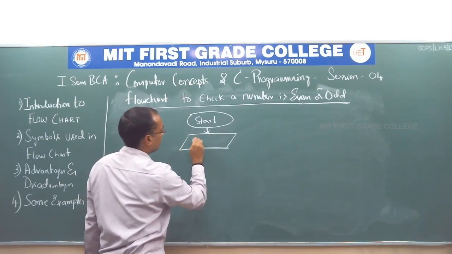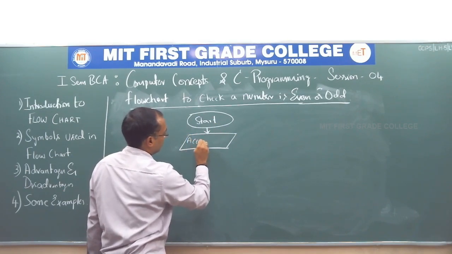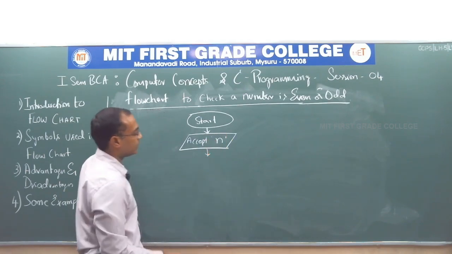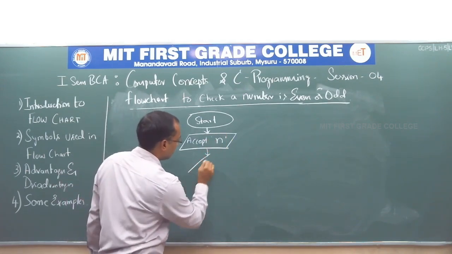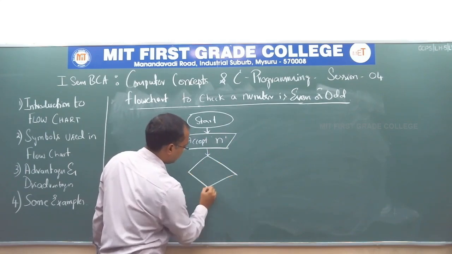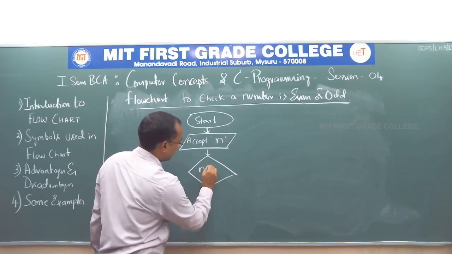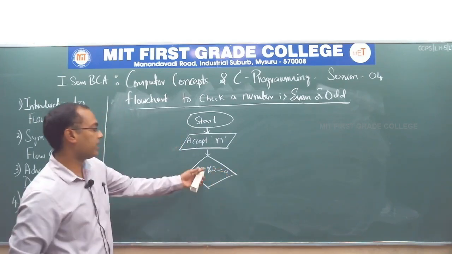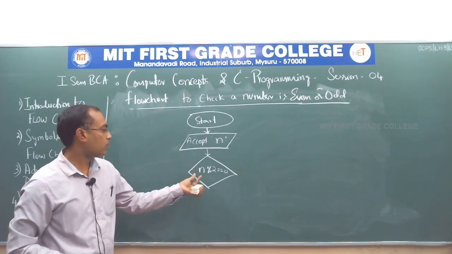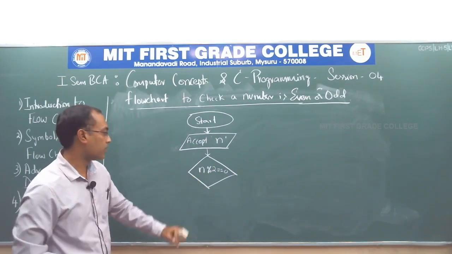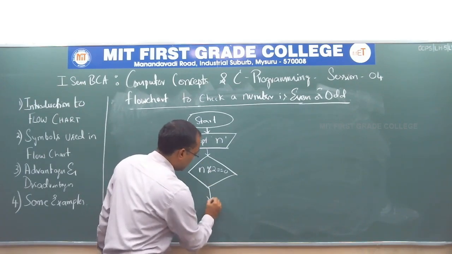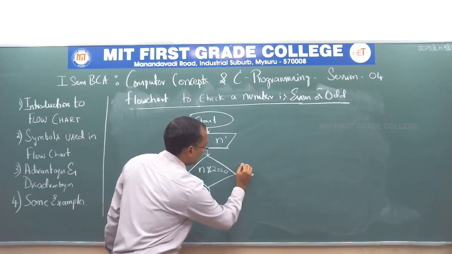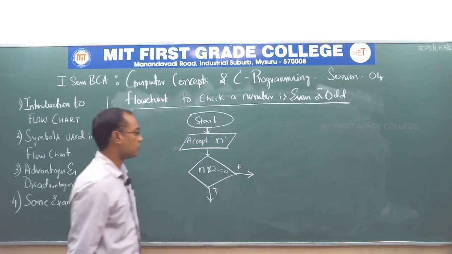Here only one number, just accept n, and then you need to take a decision, that is nothing but a diamond. What is that? If n % 2 equals 0. So you are checking whether after division by 2 the remainder is 0 or not. So here we will get 2 Boolean arrows, one representing false, one representing true.